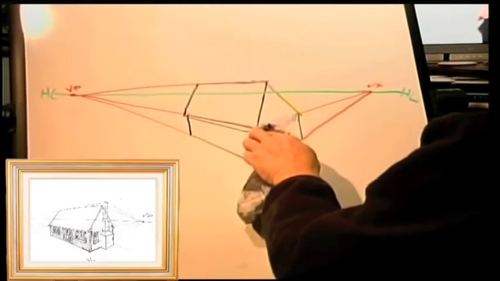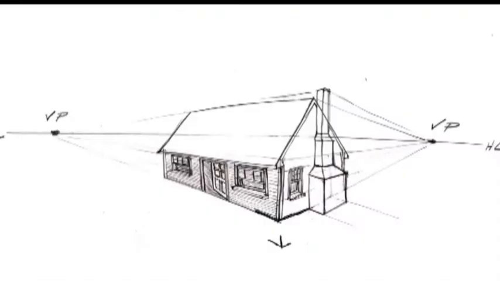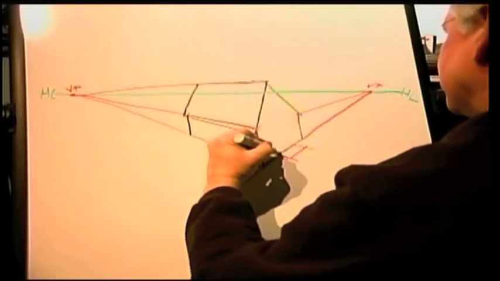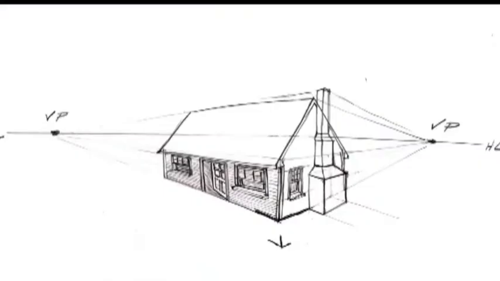So I'll get rid of a little of this guideline over here, because I think what I'm going to do on this building is add a chimney, or as some of you may say, chimney. Okay.